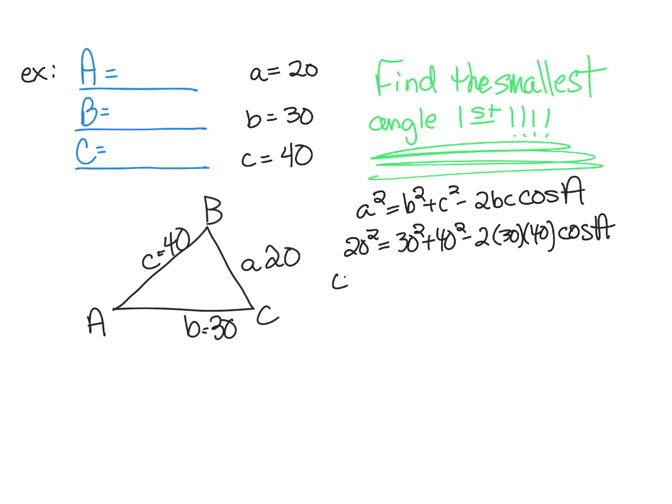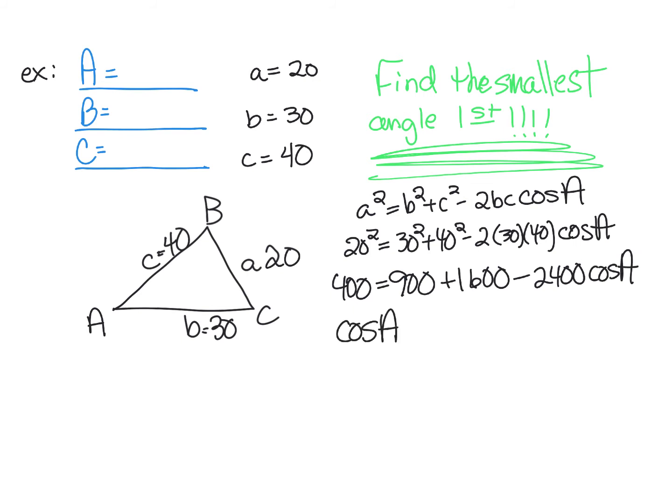So 20 squared is 400, 900, 1600, minus 2 times 3 times 4 is 2400 cosine angle A. Cosine angle A is going to be, for the 400, I could have calculated this already, but whatever, over 160 and over negative 240.